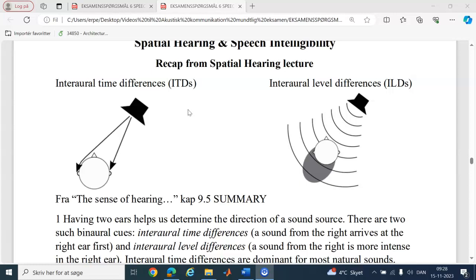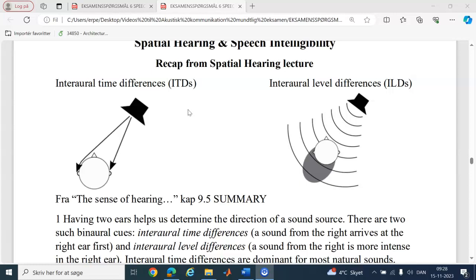If wavelengths are long, then there is a lot of diffraction, and if there is a sound coming from the right, the head diffracts the sound waves. So almost all sound waves are registered also at the left ear, but there's a time difference because of the longer pathway.